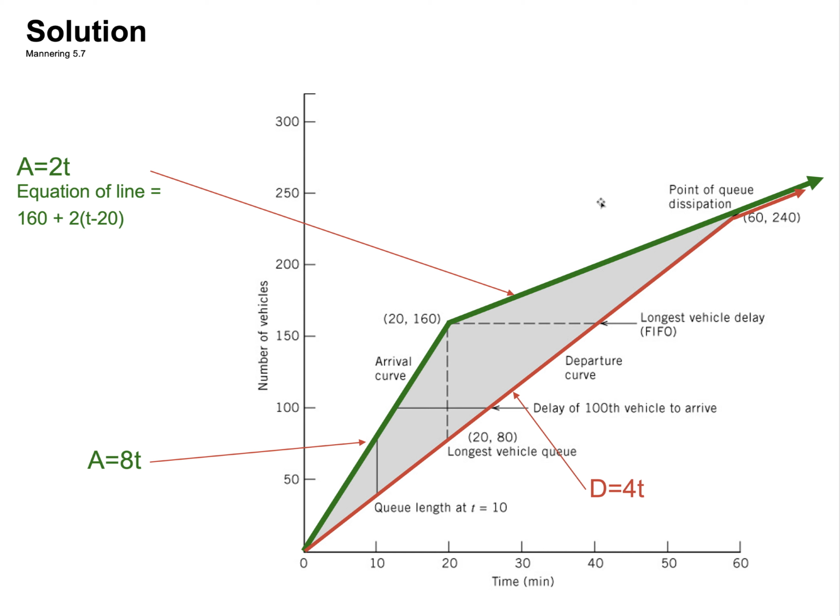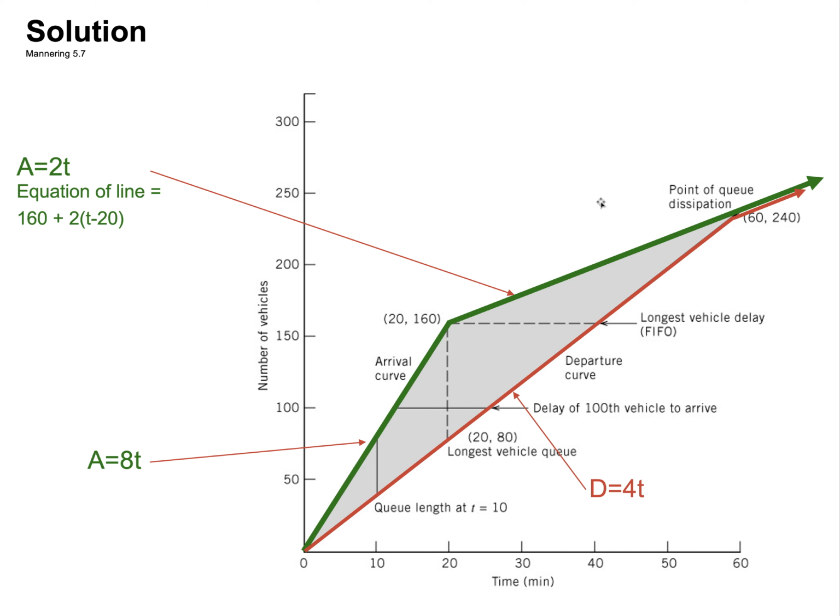Because remember before I said that you can't have more departures than arrivals. So what happens when the departure curve intersects the arrival curve at t equals 60 minutes is that from then on, basically the vehicles are arriving at a rate lower than the service rate.